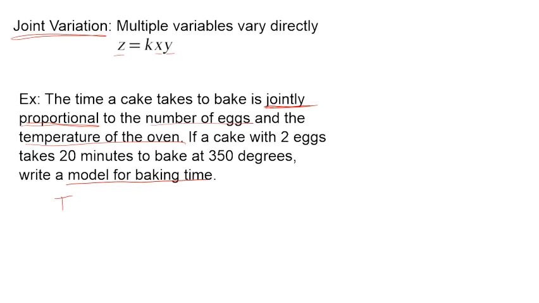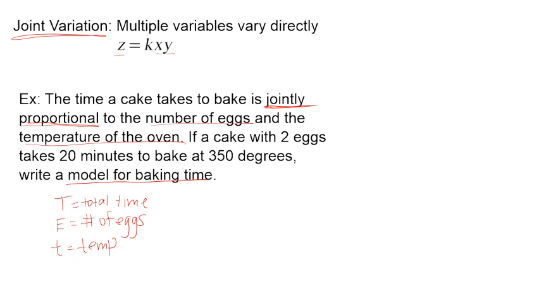We have the total time, we have the number of eggs, I'm going to use E, and then the temperature, I'm going to use a lowercase t. Okay, those are kind of our 3 variables.